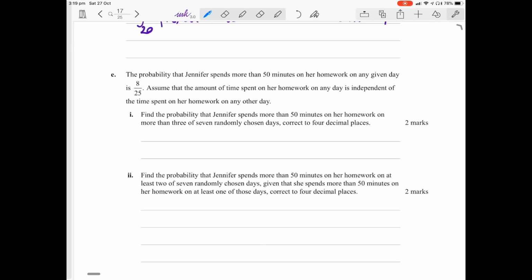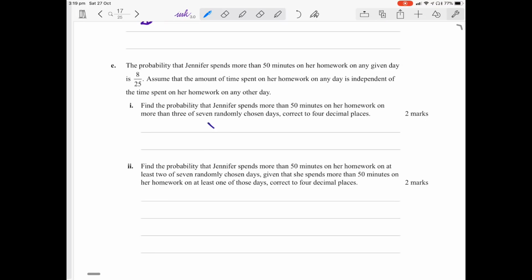The probability that Jennifer spends more than 50 minutes on her homework each day is 8 on 25. Assume the amounts of time on her homework are independent. Find the probability that Jennifer spends more than 50 minutes on her homework on more than 3 of 7 days. So we can say x is binomially distributed with n is 7, p is 8 on 25.